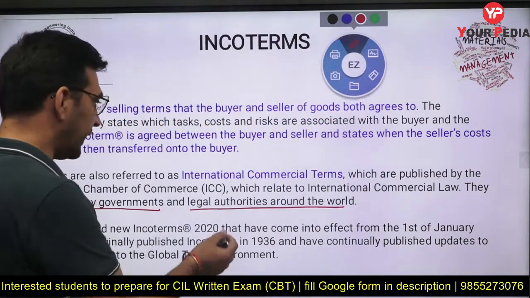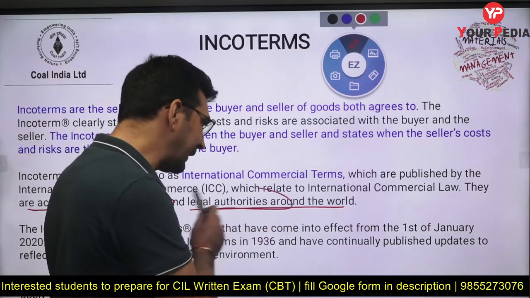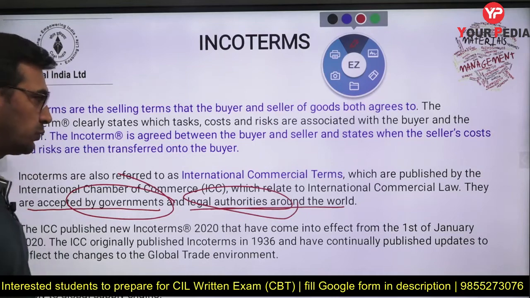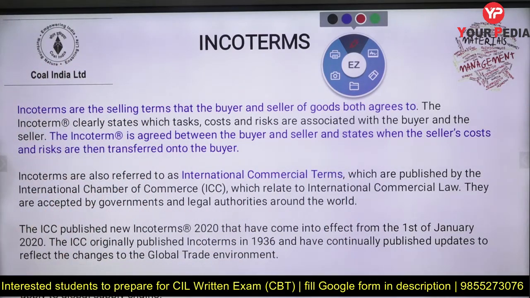So they are accepted by governments across the world and also by legal authorities. If there is some kind of dispute, there should not be ambiguity. If they accept it, then it will be okay for us to go along with them. That means it will be easy for buyer and seller to do business.